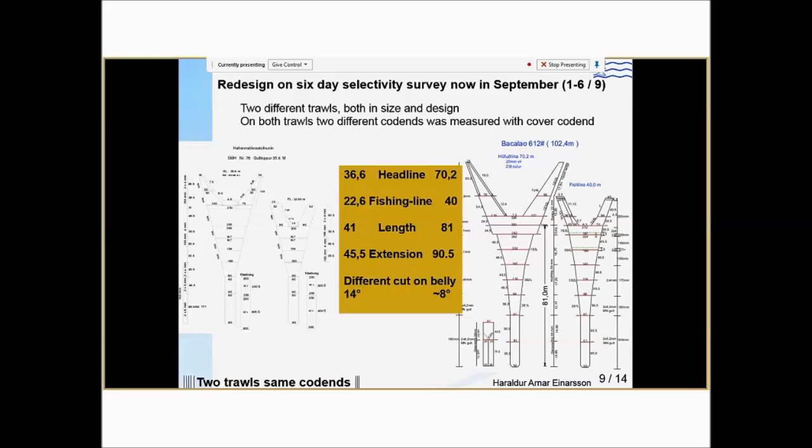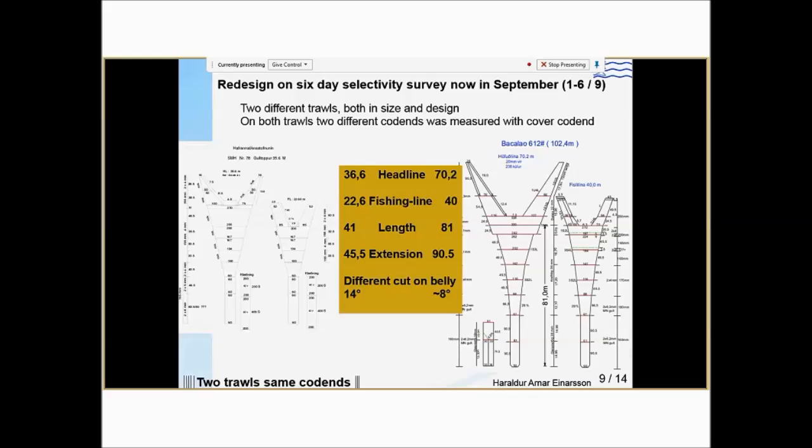And we went for the survey with our trawl, which we have used for many years to do those selectivity trials when we are measuring grids or different codends and so on. So we had that with us as well.